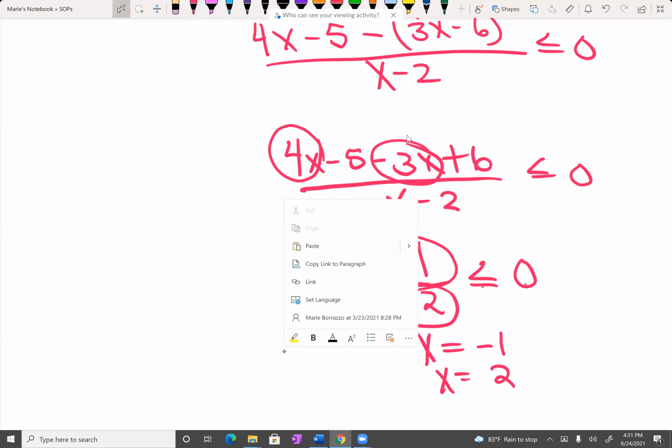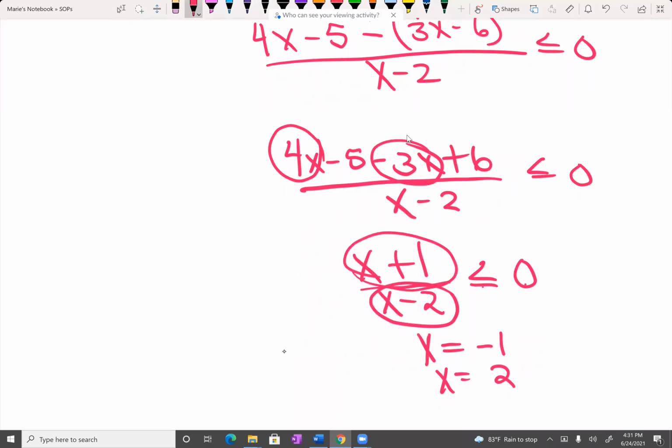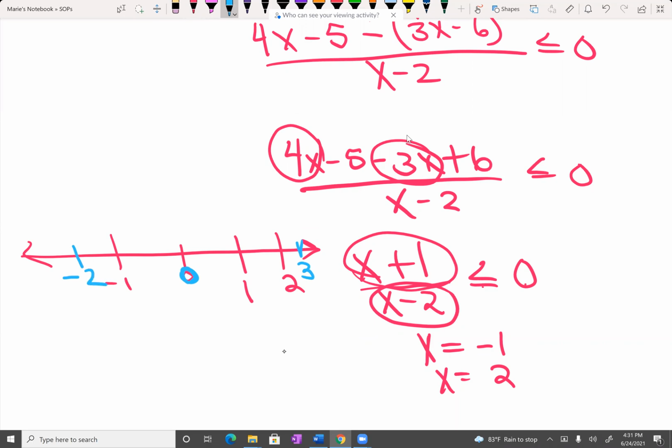And so now if I focus on the number line, remember, if I have -1, here's 0, that'll be a test point, and here's 1, here's 2. So I'll do my test points this time in the light blue. I like using 0. I'll use 3, and I'll use -2.